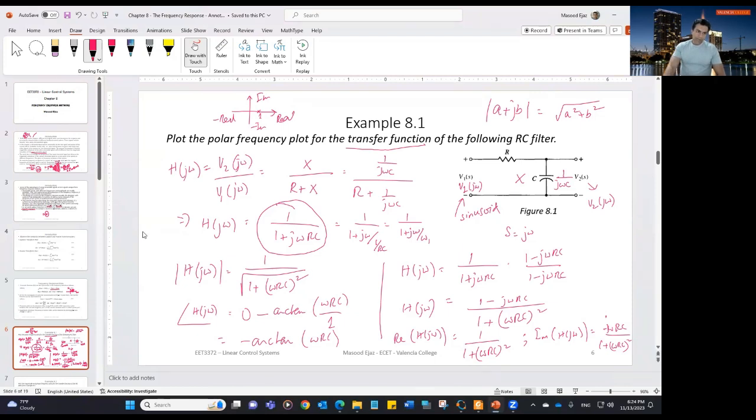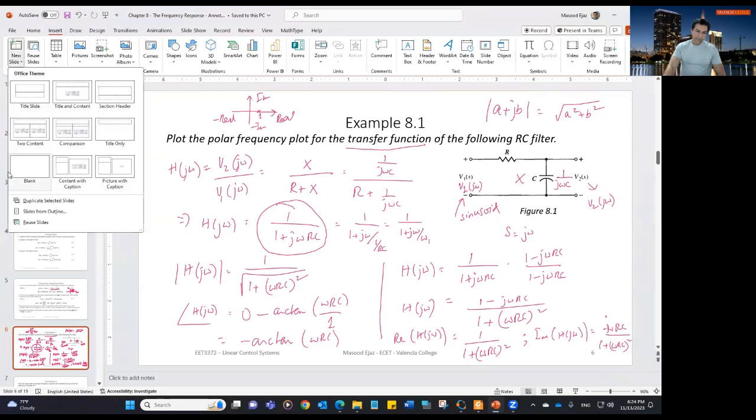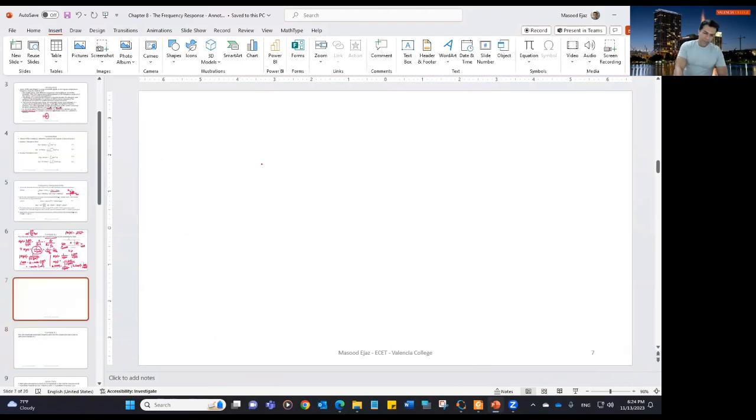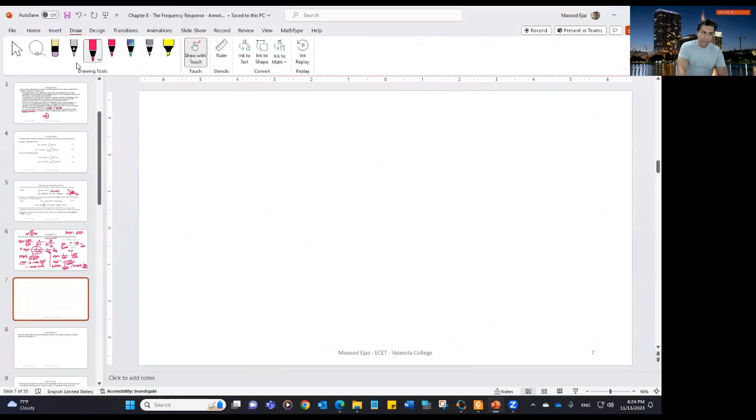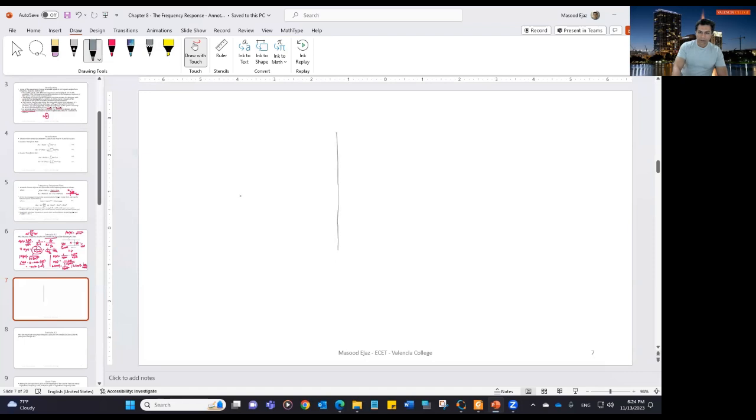So if you plot this for different values of omega, this is your complex plane, with your real axis and your imaginary axis, negative imaginary.